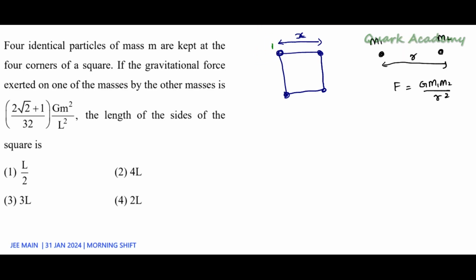First we'll number them: let this be 1, this is 2, 3 and 4. We'll find the net force on mass 1. It will experience force due to the remaining masses. This second mass will attract it with the force F12, which means force on the first mass due to the second one.